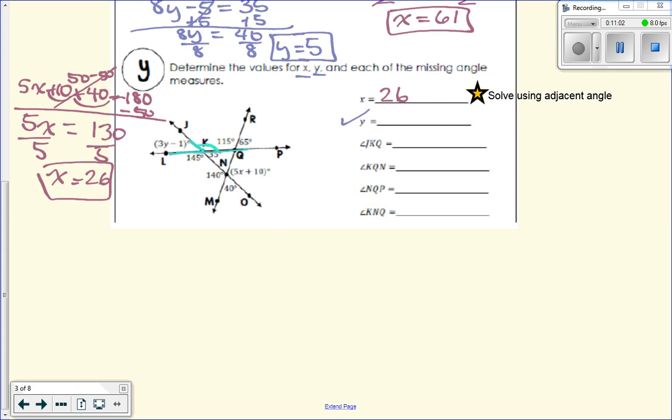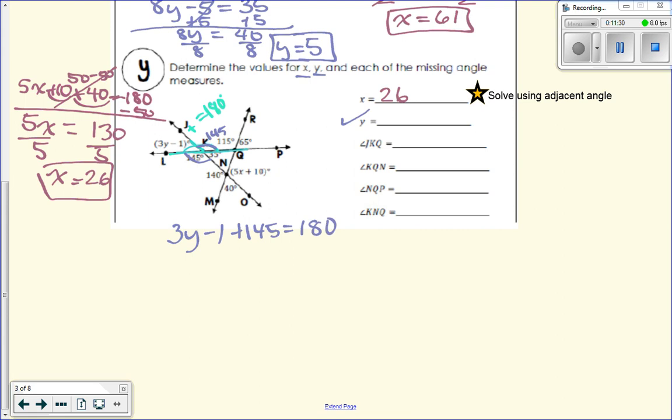So this angle and that angle add up and equal a straight angle, 180 degrees. Good. So let's set that equation up. 3y minus 1. What's the measure of this angle? 145 because of its vertical angle. That's how we know that. Okay?